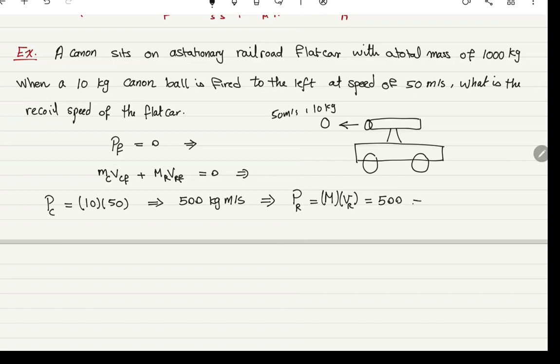You substitute numbers here, you will find v for the railroad equal to 500 divided by the mass of the railroad, in this case 500 divided by 1,000, or half a meter per second, and it has to be to the right.